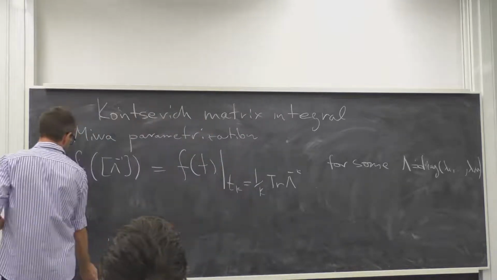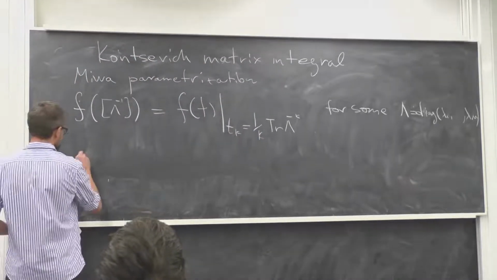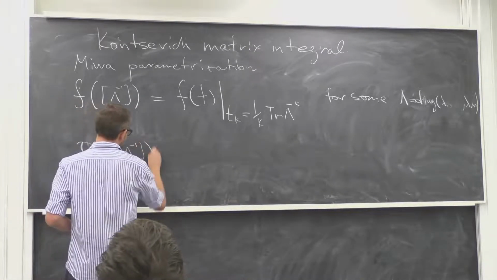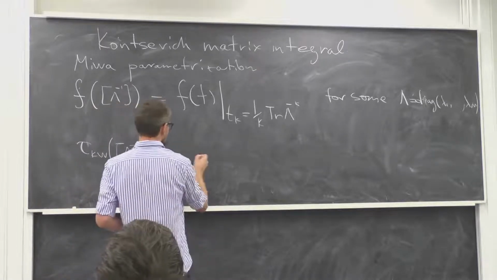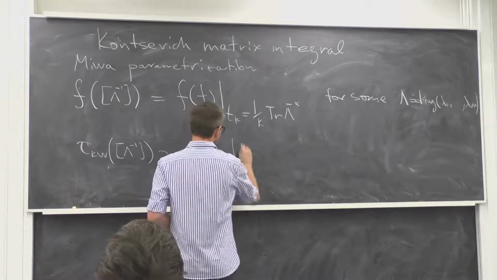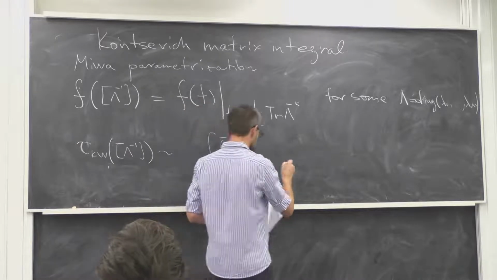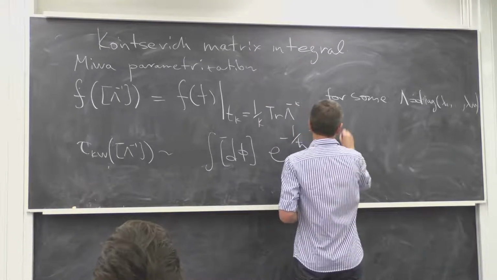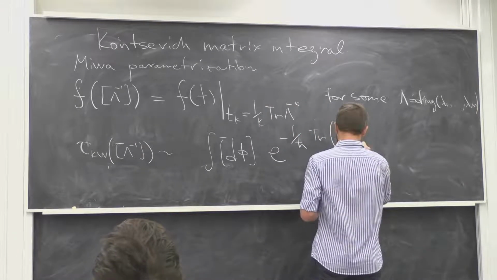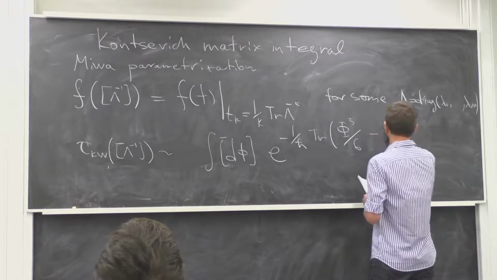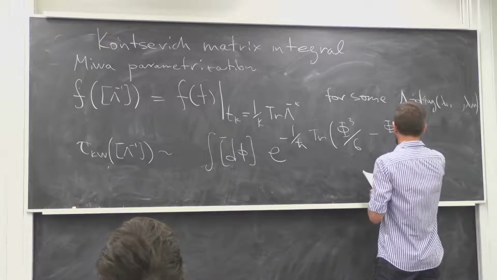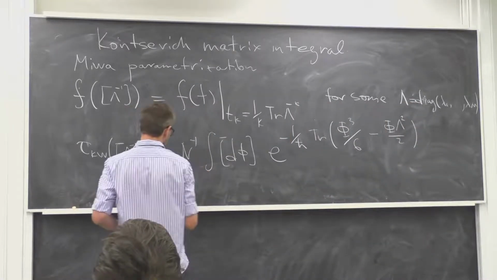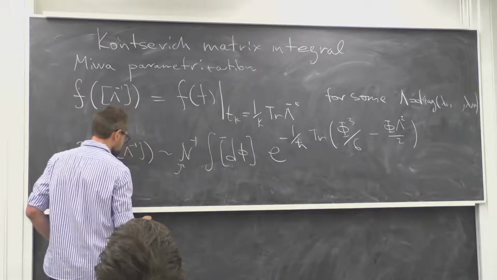And it appears that with this parameterization, the conceptually different tau function is equal to a matrix integral, with some normalization factor.